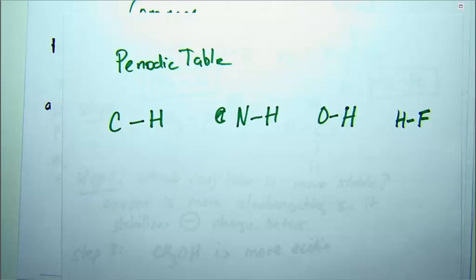And so going across the periodic table here in our trend, we can see that the acidity increases. And what's the logic behind that? Well, the logic is you're going to draw out the conjugate base, so C minus, O minus, N minus, F minus.